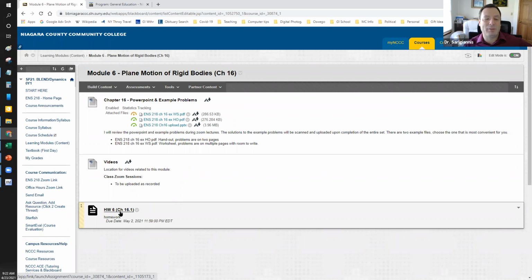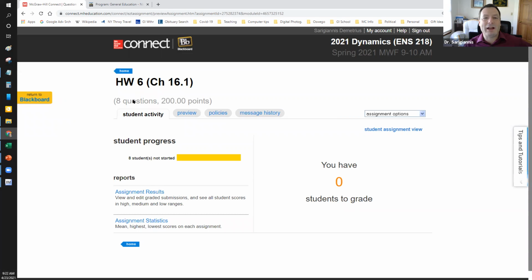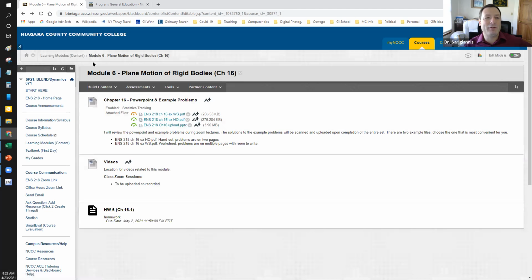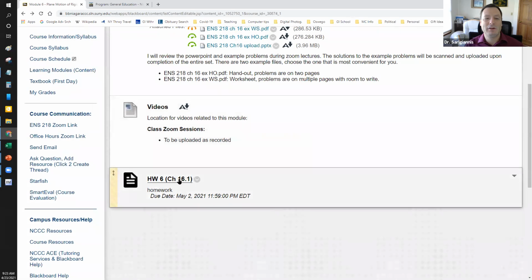It just covers section 16.1, so there are just 8 questions. I think one of you might have started the other homework, because I didn't see any answers to it, so I turned that off. Don't use the other homework. Just go to the homework labeled 16.1. That's the one you're going to use.